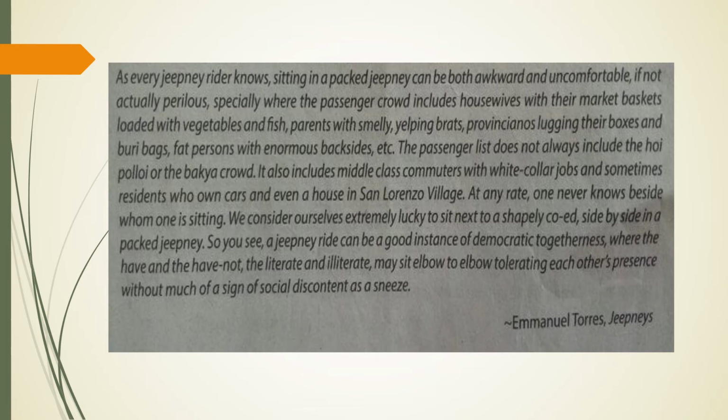The supporting details in this paragraph give specific details about the types of passengers in the jeepney. These examples give you a better idea of such passengers. In fact, they enable you to picture yourself sitting beside a variety of interesting characters from all walks of life.